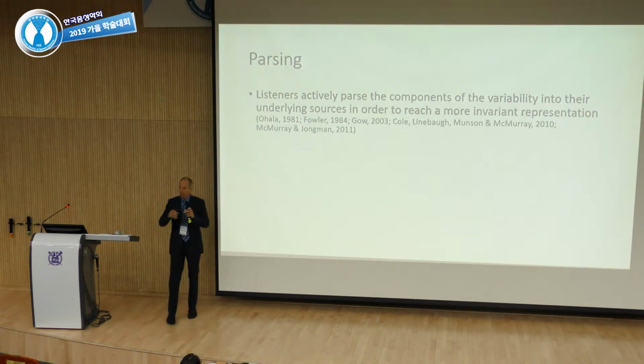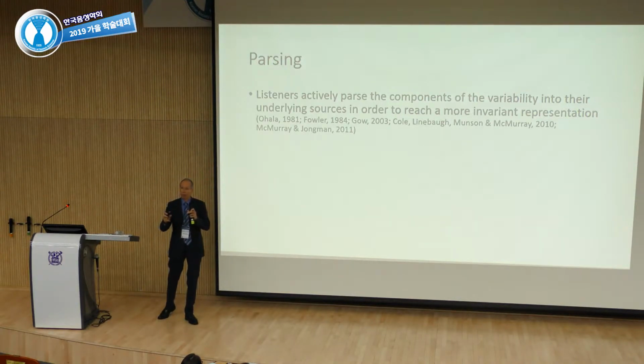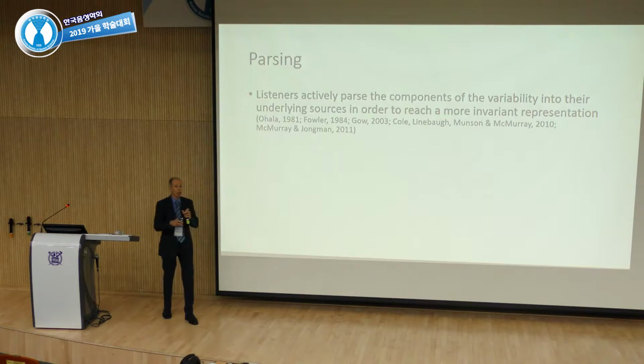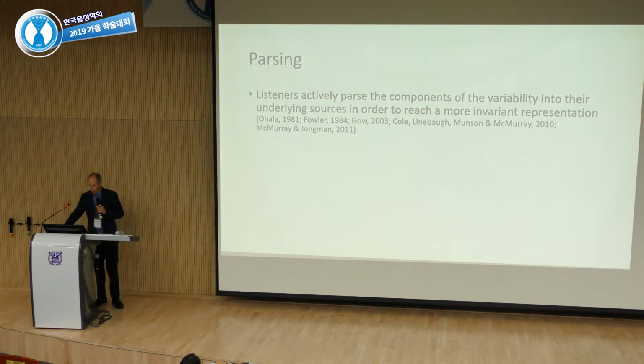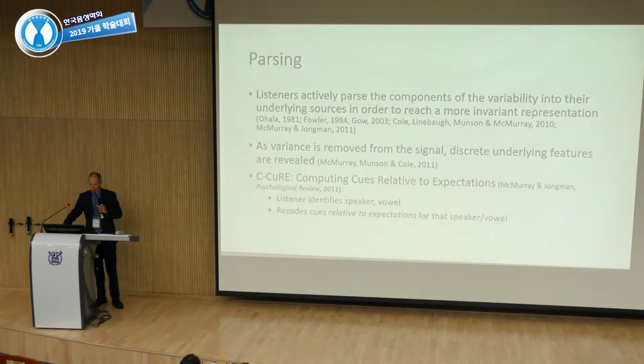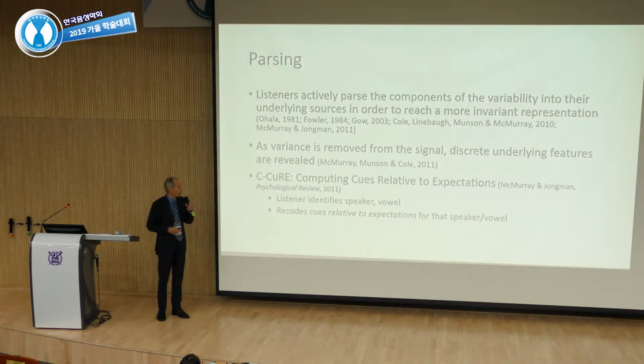So the idea is if you have all this variability in the speech signal and you can assign different pieces of the variability to their underlying sources, then you might be left with a more nearly invariant representation. So that's the idea that we followed up, and we came up with a model. Models have to have acronyms. We call it CQ, computed cues relative to expectations.